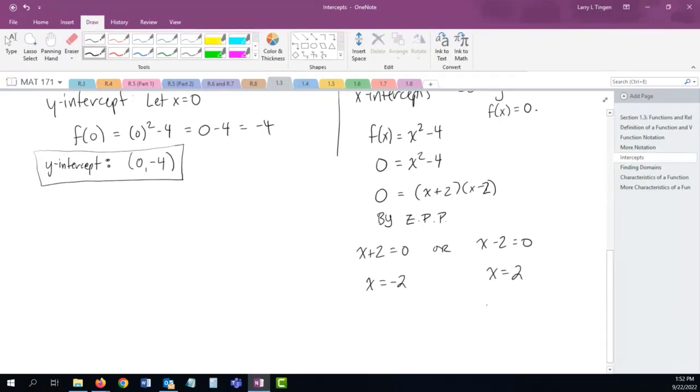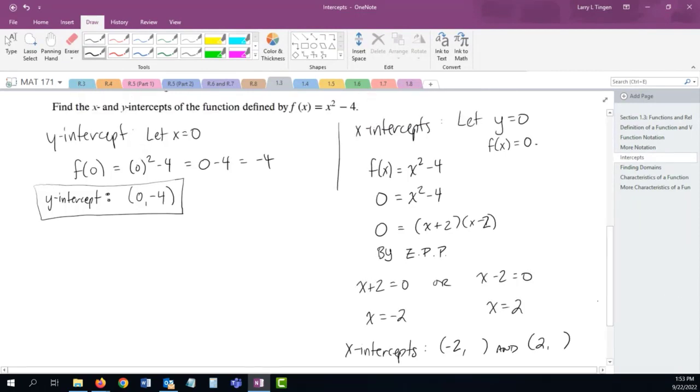Now, 2 and negative 2 are not the intercepts. The intercepts are points, right? So these correspond to points. One of them has a value of x is negative 2. One of them has a value of 2. What's the y value for both of these? What did I let y be to start with?